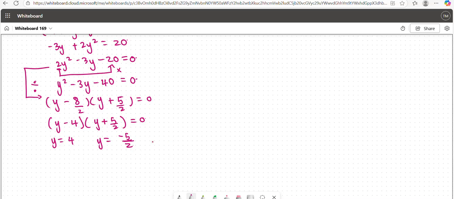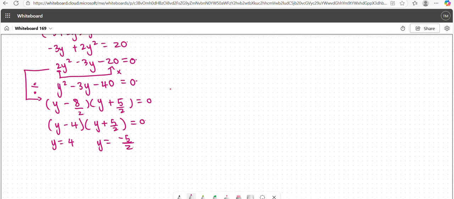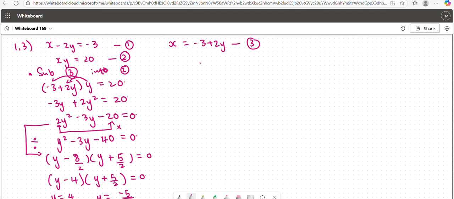Alright, so these are my 2y values done. So now I can find my 2x values using equation 3. Negative 3 plus 2, the first one, substituting the 4. Negative 3 with the 8 gives me a positive 5.